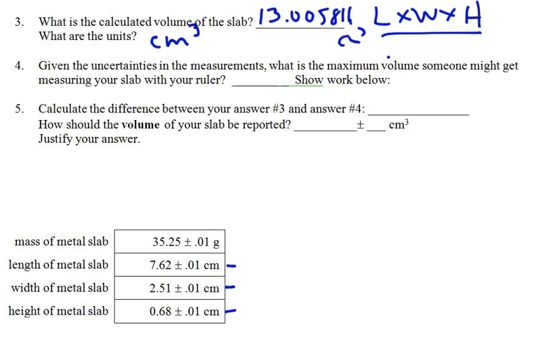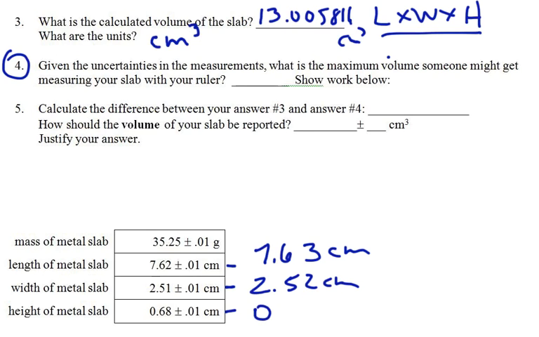Now, given the uncertainties, this question number 4 is important. What's the maximum volume you could get? Well, if more people took that measurement, some people might get as large as 7.63, plus 0.01 centimeters. For the width, some people may get 2.52, and for the height, 0.69 centimeters.